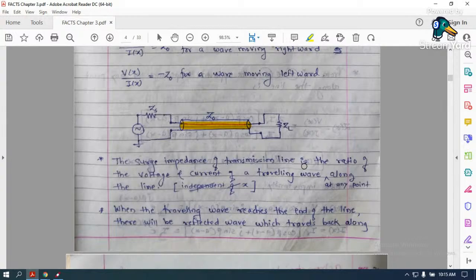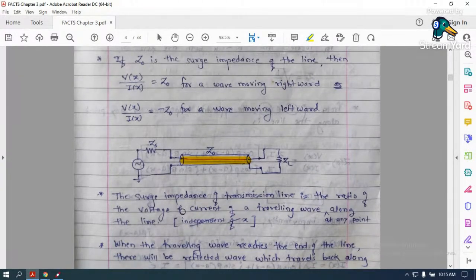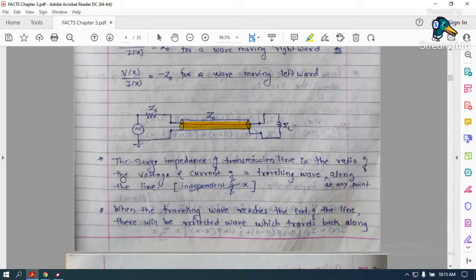Now the surge impedance of the transmission line is just V of X upon I of X. That is what I am saying here: for the voltage and current wave of a traveling wave at any point along the line, it is the ratio of V of X upon I of X. Both are traveling waves at any point.